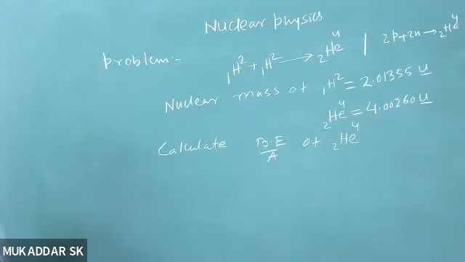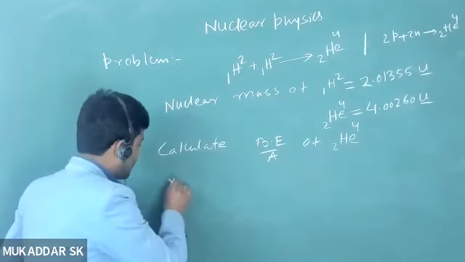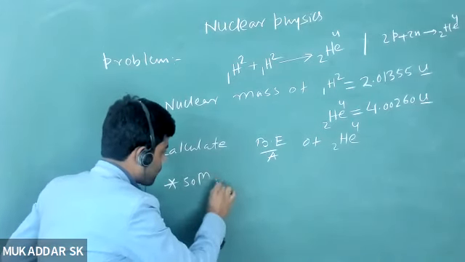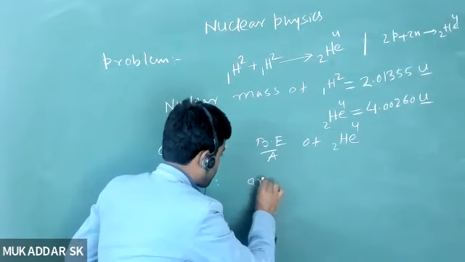So binding energy of any nucleus depends upon its constituents. So as you know, to calculate the binding energy of any nucleus, you have to calculate the mass defect. Before calculating binding energy of any nucleus, you have to calculate mass defect, delta M, right?